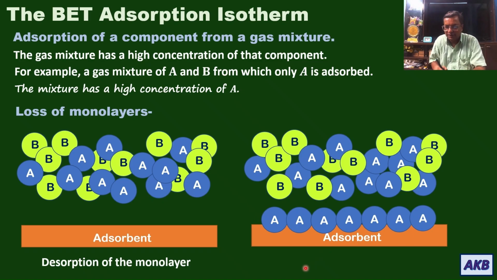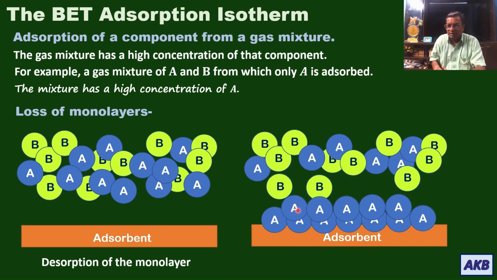Whereas the other way is when a few more adsorbate molecules get adsorbed on the surface of the adsorbent and form the bilayer. Once you have the bilayer on the surface of the adsorbent, the monolayer is lost. So this is another way in which monolayer is lost.